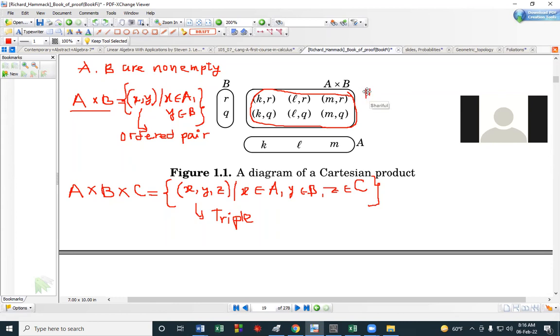One prominent and very useful example is R2, the real number set R times R. Now X, Y both come from the same set.